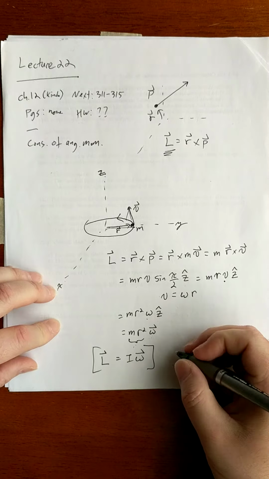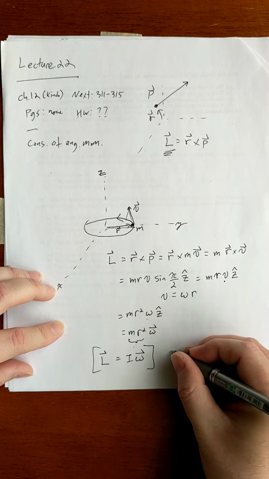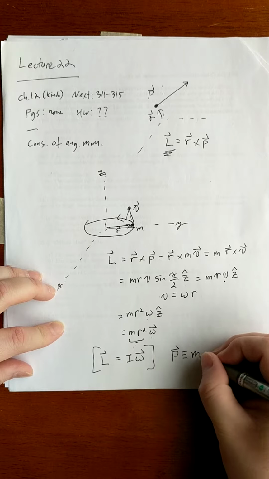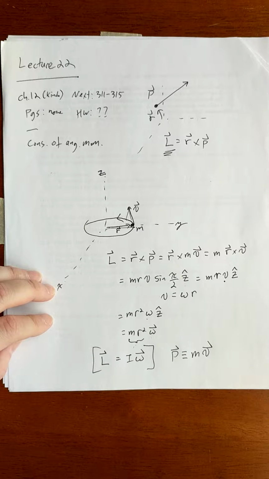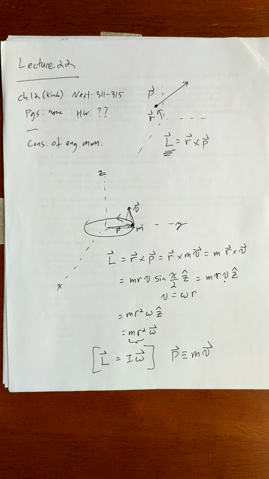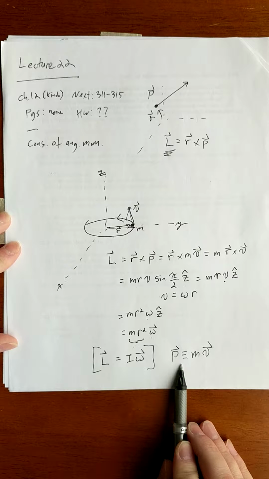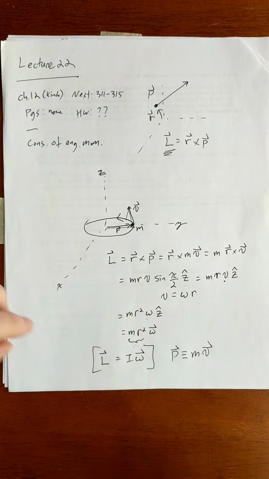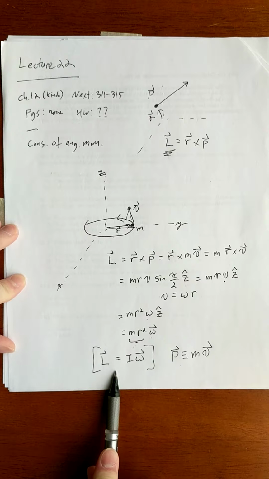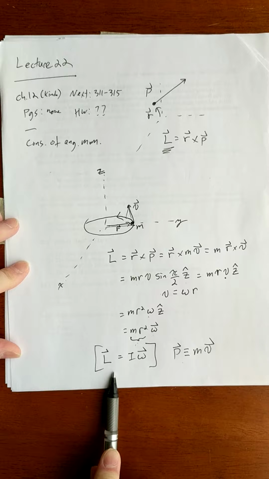Our definition of linear momentum is mass times velocity. So again, we see that we have the same sort of structure when we're talking about angular systems and linear systems, that if we take the more familiar linear system and just sub in, right, the angular things, we get the same equation for the angular system.